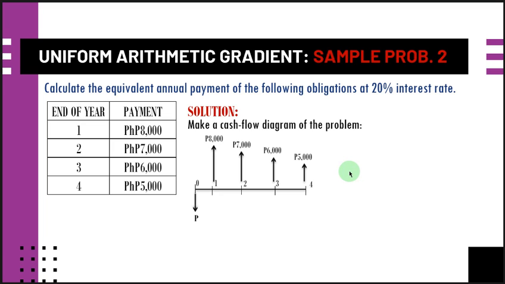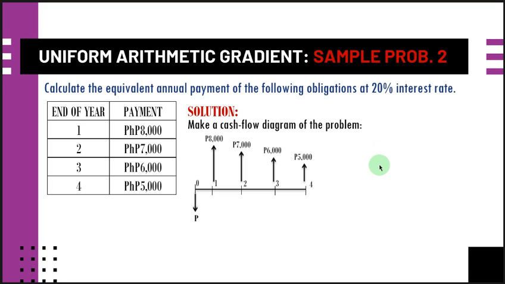We are not using the plus sign, since this is decreasing. If we make our annuity A equal to 8,000, our value is decreasing. That's why we use the negative sign. So our P is simply equal to PA minus PG.